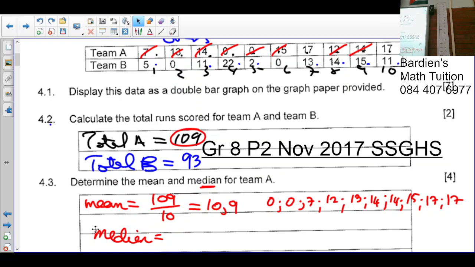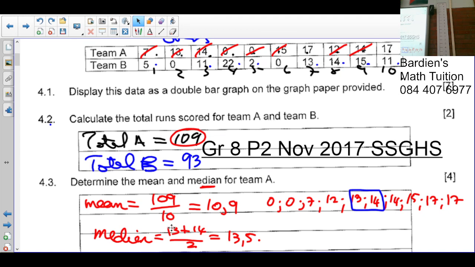Can you see it? There are 2 numbers in the middle. So if there's 2 numbers in the middle, we add them together. So I say 13 plus 14 and I divide it by 2, which gives me 13 and a half.